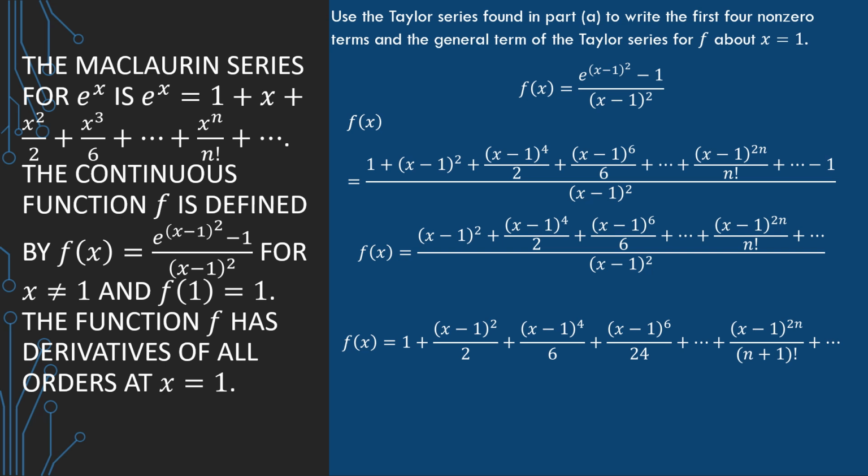Cleaning that up, I get 1 plus (x minus 1) squared over 2 plus (x minus 1) to the fourth over 6, and so on. And I also cleaned up my general term. So I get 1 point for the first 4 terms and 1 point for my general term.